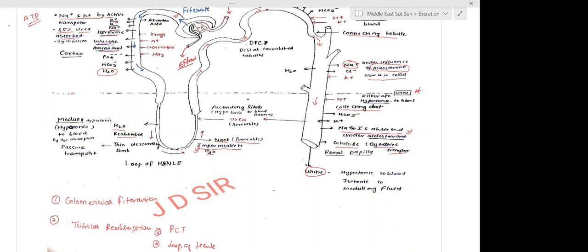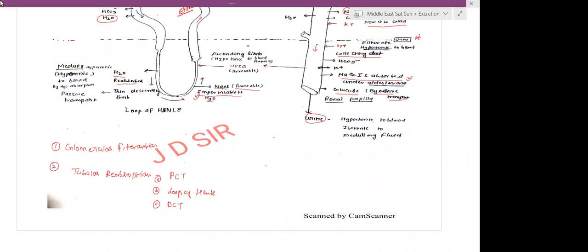Next, loop of Henle. Loop of Henle we have discussed has 2 parts, right? Ascending and descending loop.